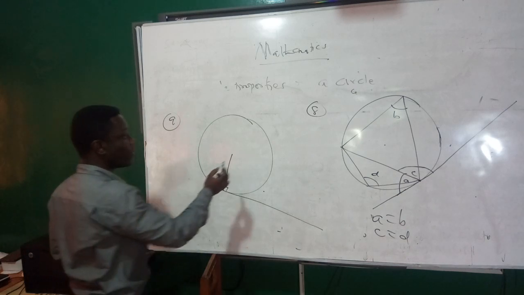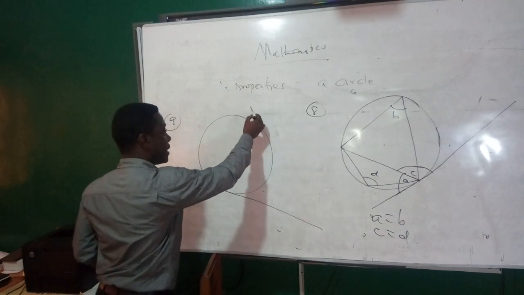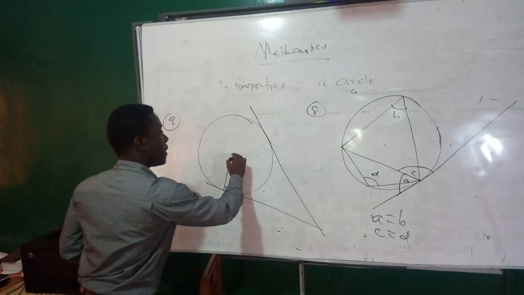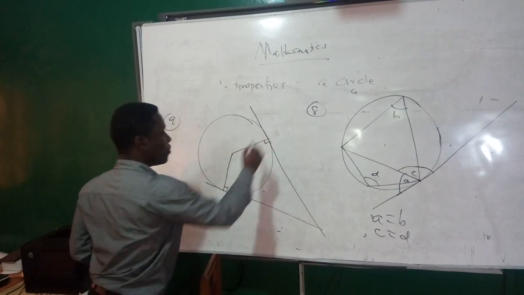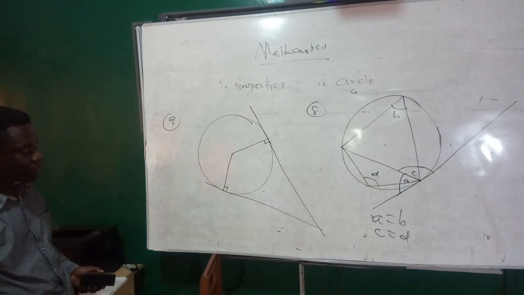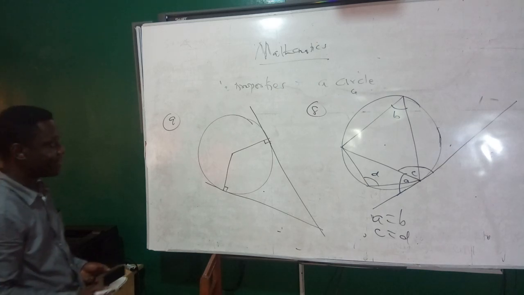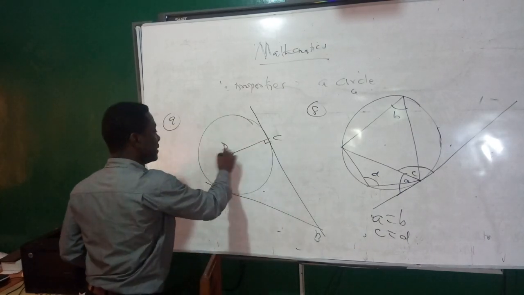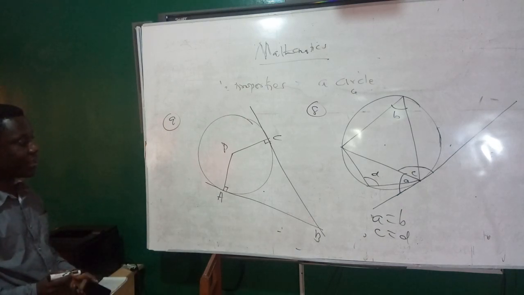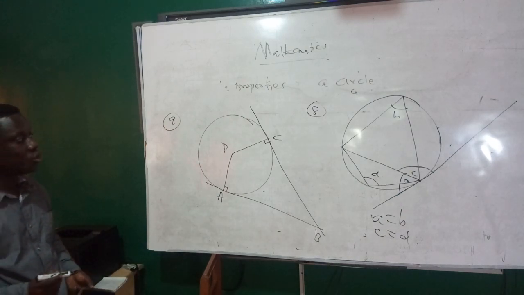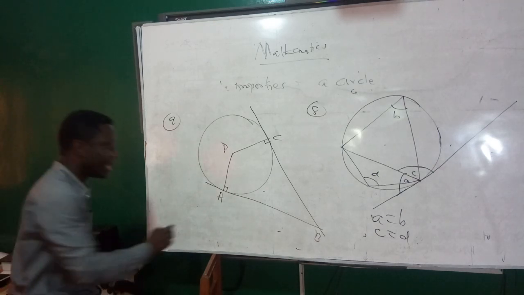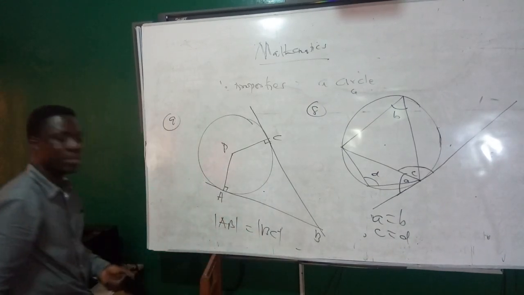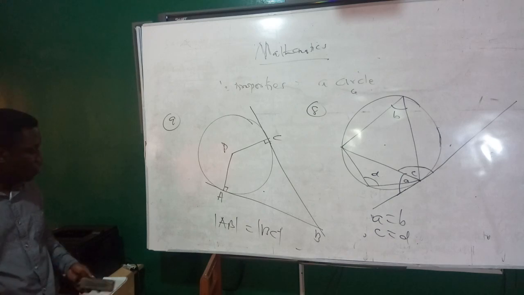Now, if I have another tangent on this other side, this is also supposed to be 90. Now if I have, let's say, A, B, C, and D, D being your center, then we are saying that the length AB should be equal to the length BC.